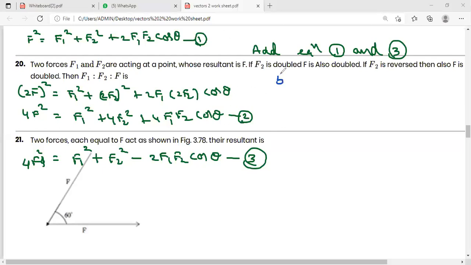On left side you will have 5F square. And F1 square plus F1 square, 2F1 square, plus 2F2 square, and 2F1 F2 cos theta will be cancelled. Okay, then you just got the relation for F square, F1 square and F2 square only, no?